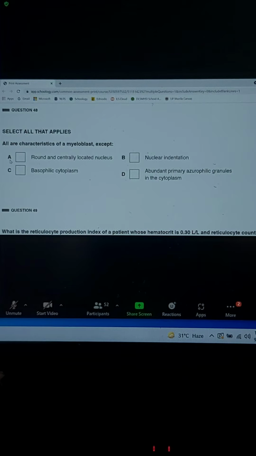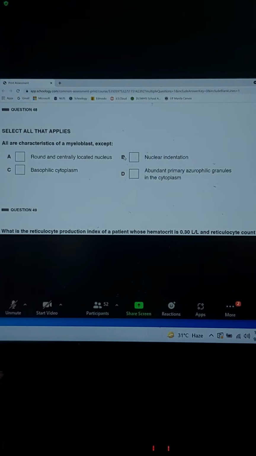Yung letter A ba, correct ba to? Characteristic pa to ng myeloblast? Yes po. Okay, so hindi siya kasama. So letter B. Kasi in granulocyte maturation, ang nuclear indentation mag-start sa metamyelocytes.